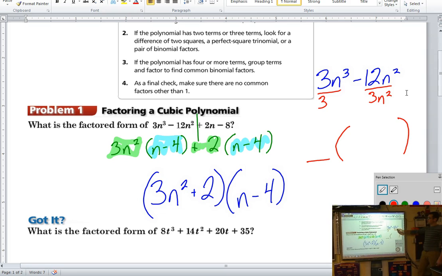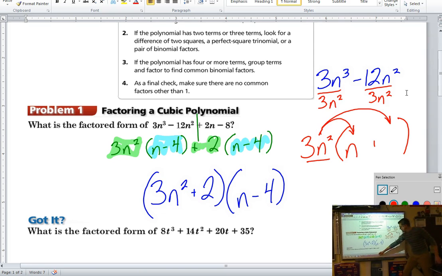Well, I can get rid of that n squared and do the same thing here. So this 3n cubed didn't become 3n squared. We factored out, like we divided by 3n squared. So that becomes 3n squared. And then we ask what needs to be in the parentheses to get back to my original, which here would have to be n, and here would have to be minus 4.